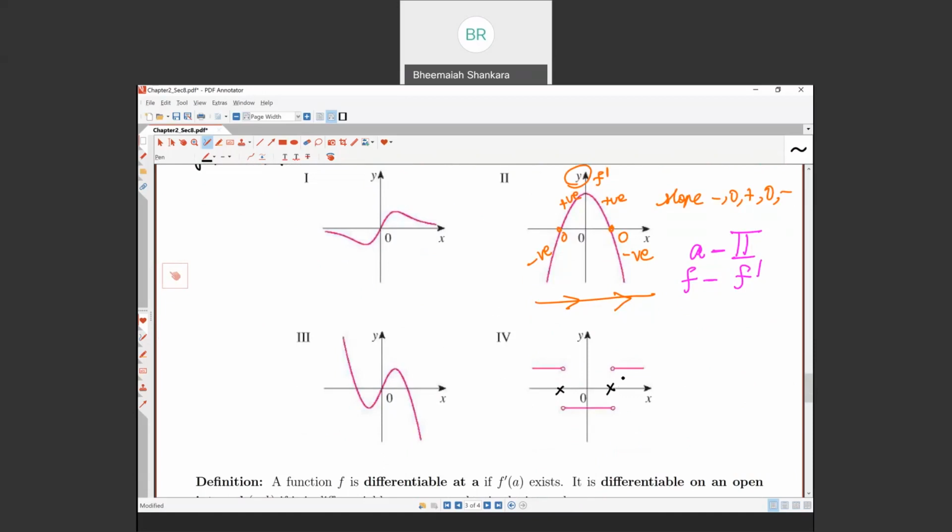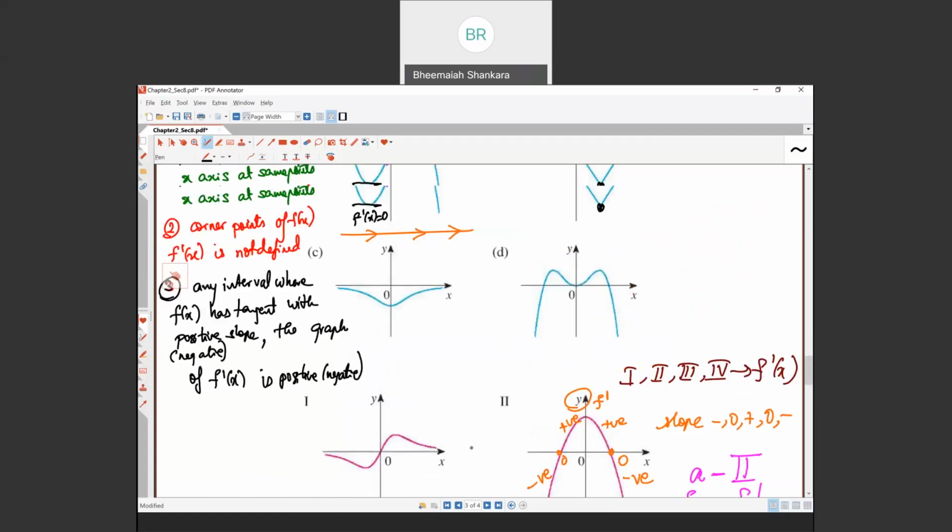So you're going to say that this graph 4 is going to match with the function graph, which is B. Similarly, I want you to try out the other 2 graphs for C and D. Try this before you look into solutions on the blackboard, and then try to match it with 1 and 3 of the graph.